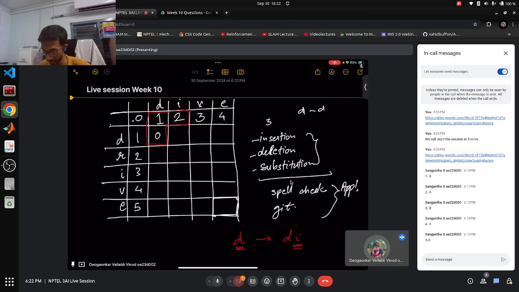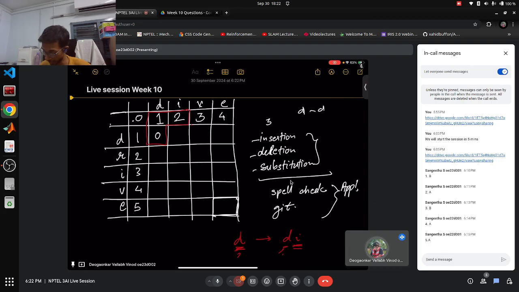What that essentially means is that if you have D and DI, you don't need to do anything for the first operation, you just need to do one insertion operation, since only the last element is different, because whatever has happened before has already guaranteed that the commonness has come out from it.